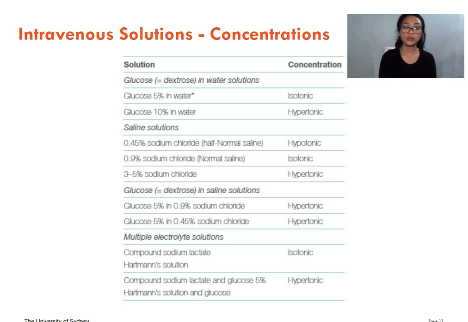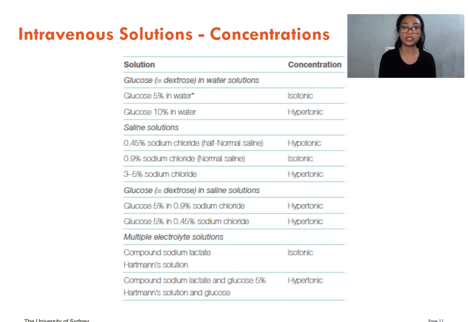The decision to use a hypotonic or a hypertonic solution is going to be based on specific fluid and electrolyte imbalances. A hypotonic solution has more water than it has electrolytes, so the osmotic process produces a movement of water from extracellular fluid to the interstitial spaces and cells, and this causes cells to swell.